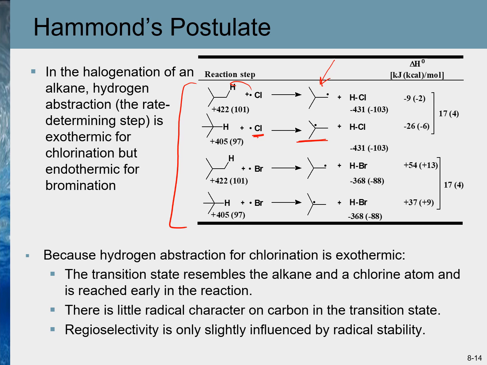Similarly, in reactions 3 and 4, bromine radicals abstract protons from alkanes, resulting in formation of a primary free radical as well as a tertiary free radical, similar to the ones formed by chlorine reactions.